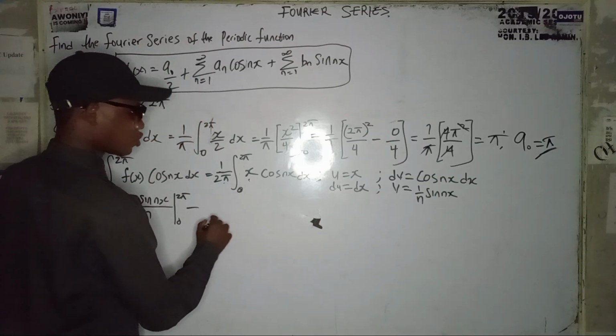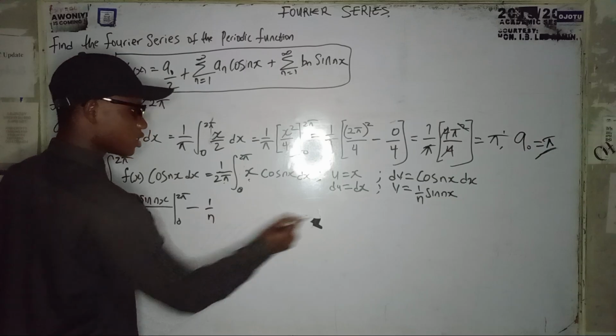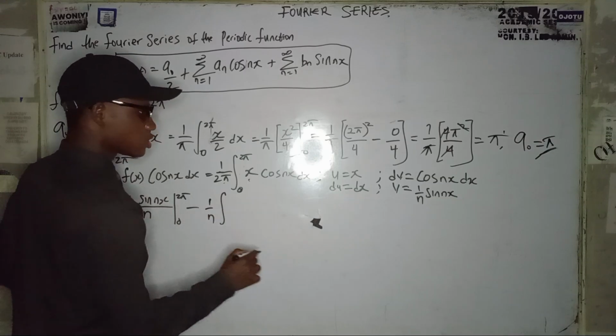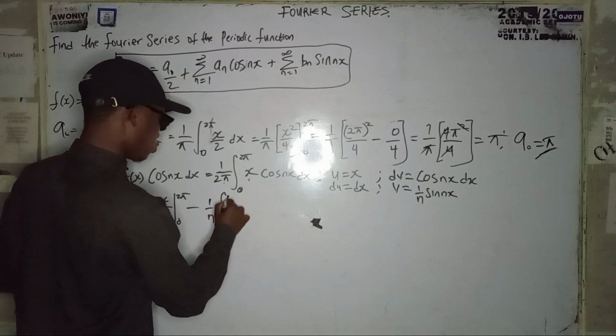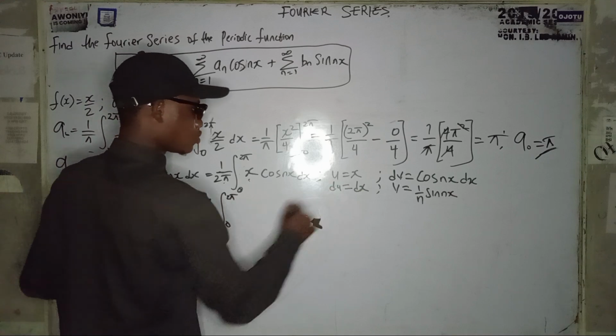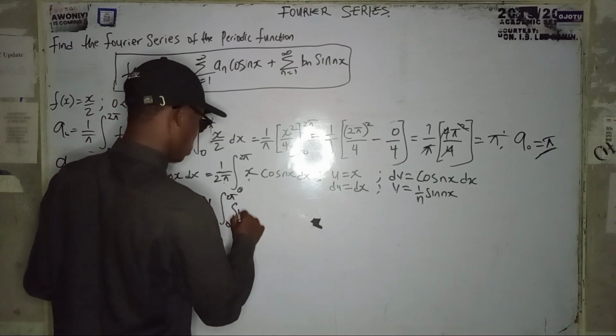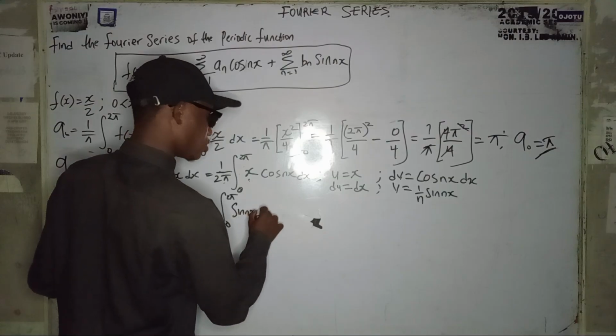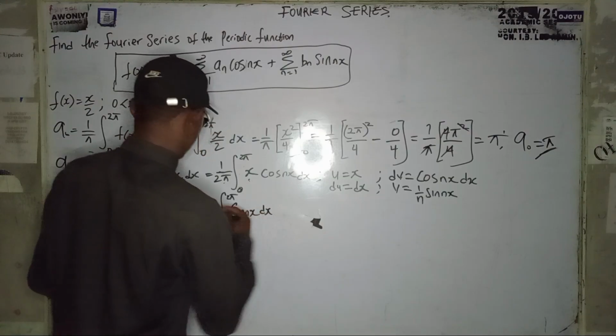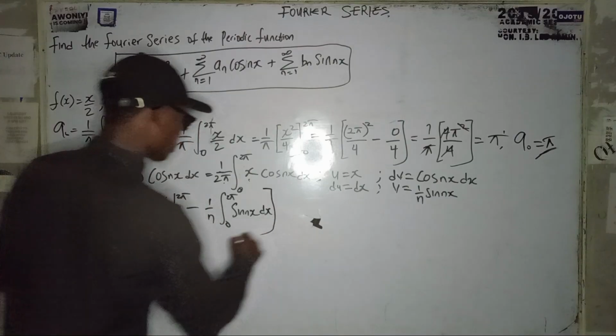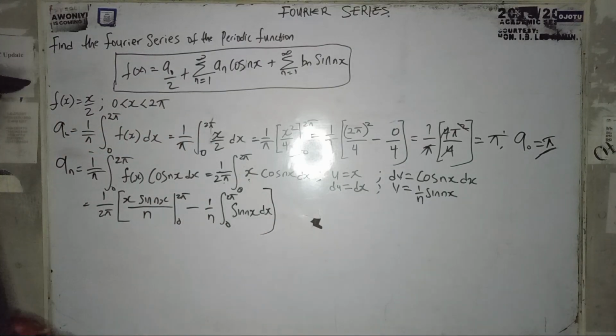We can bring that 1 over n outside. We integrate from 0 to 2 pi of sine nx, then we have our dx, which is pretty simple over here.